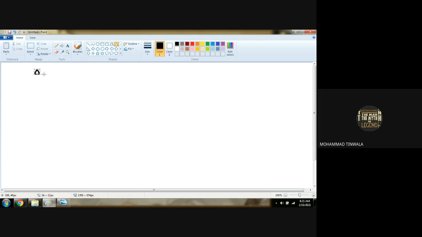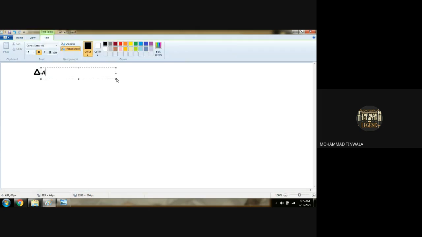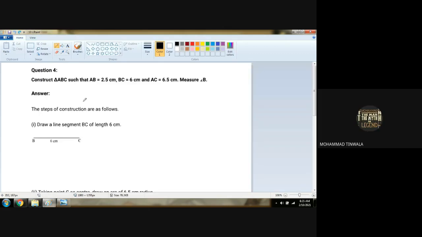Triangle ABC is given. What are the contents?